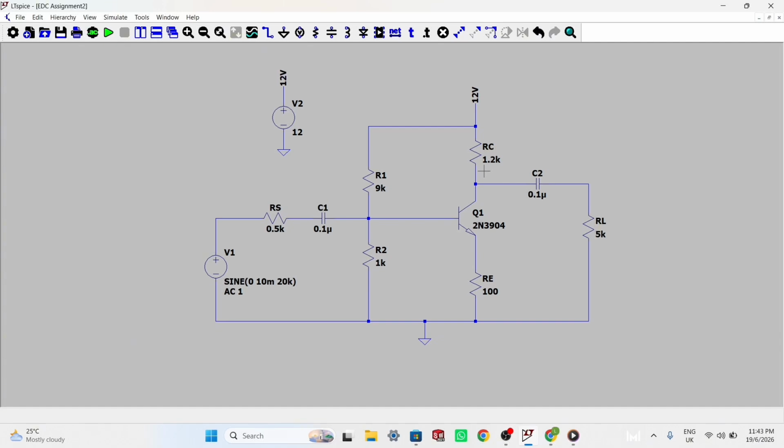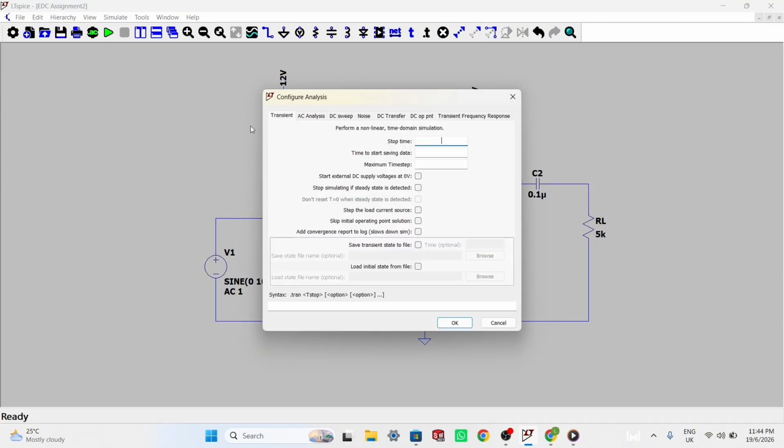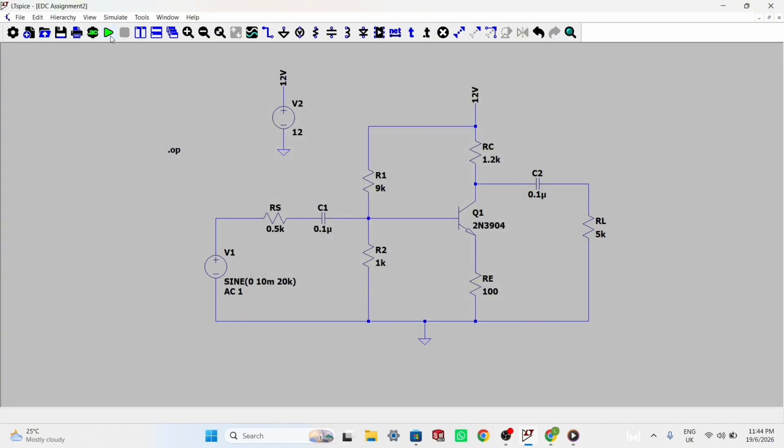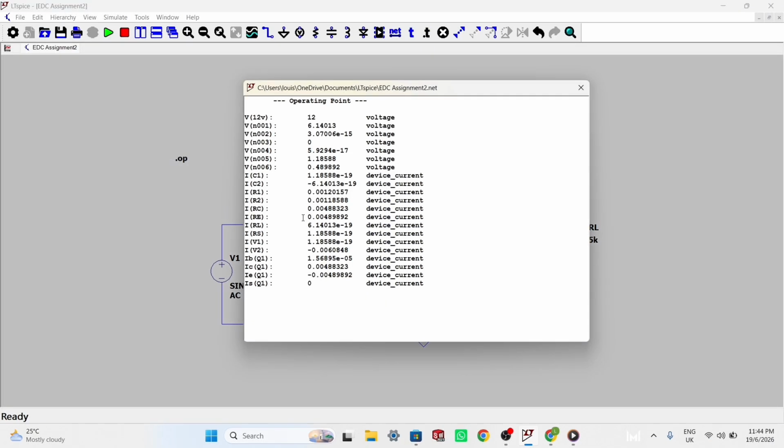So let's start with the DC analysis. Firstly, we go to configure analysis and we go to the DC op point. And then we run it. So as you can see in the results window, my simulated collector current ICQ is about 4.88 mA.